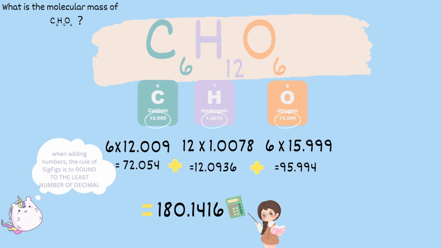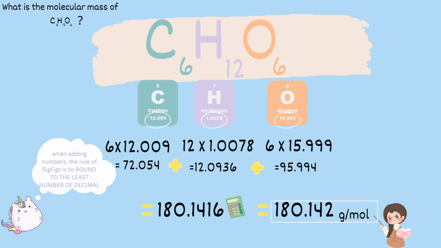So 0.054, 0.0936, and 0.994 seems like 3 digits is the least after the decimal point. So our answer will only have 3 digits after the decimal point, and that's the correct number of sig figs. So we're going to round up to 180.142 grams per mole, and that's our answer.